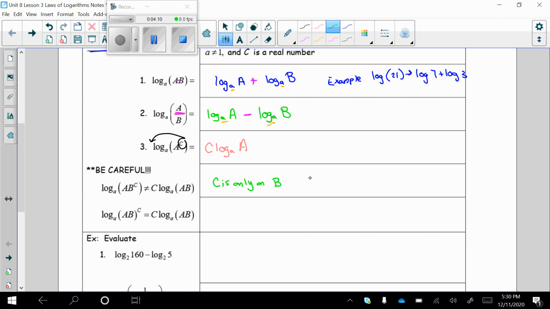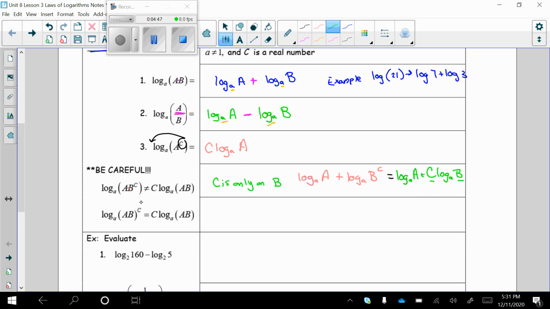And so what we could do for that is first split this into log base a of a plus, because this is multiply, log base a of b to the c, and then we can move it to the front of that one. So log base a of a plus c times log base a of b. All right, so it only applies to the b. It should only be with the b at the end.